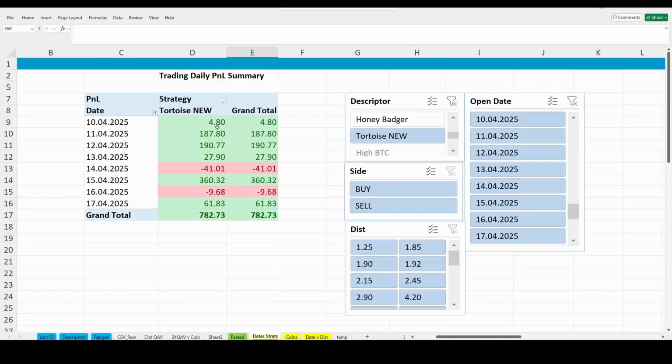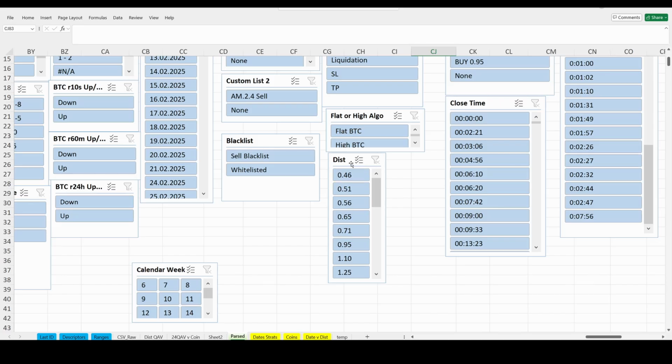So first of all, how was I able to turn things around and get to this number, whereas before it was pretty much dead? Well, instead of trying to cover all the possible coins that ever existed and trying to trade them on all possible distances, as you can see here, this is the types of distances I've ever used on any type of algorithm on ByBit, I decided to do a more focused approach.